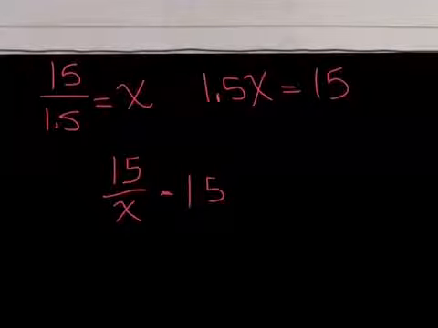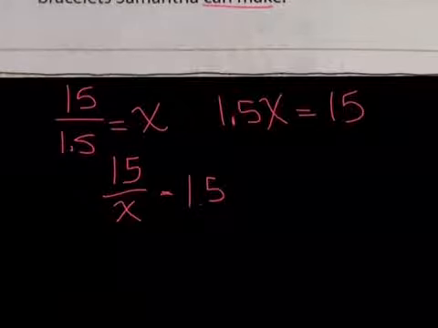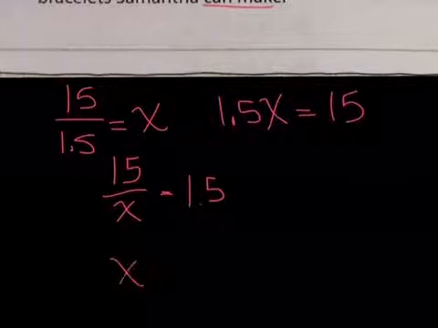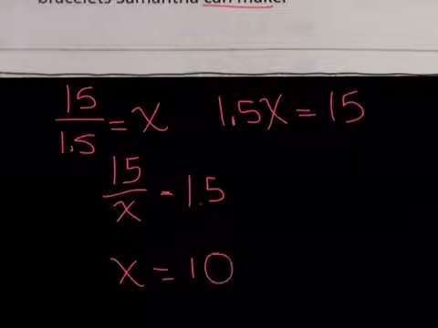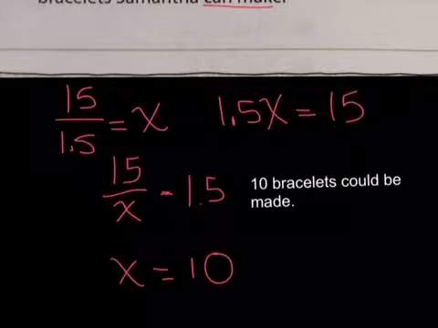So these are all different ways to write this equation. Let's go ahead and figure out the first one right here. That's the easiest way to do it. 15 divided by 1.5, we know it's going to be 10, right? So x is 10. Therefore, 10 bracelets could be made.